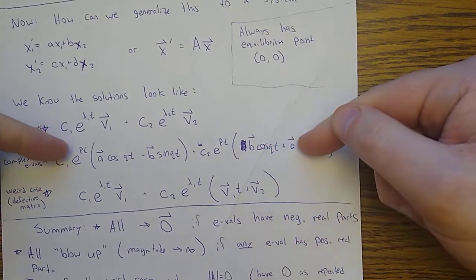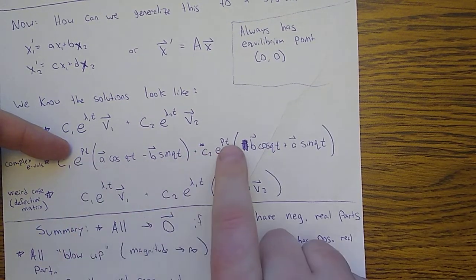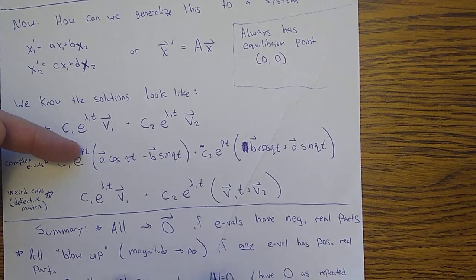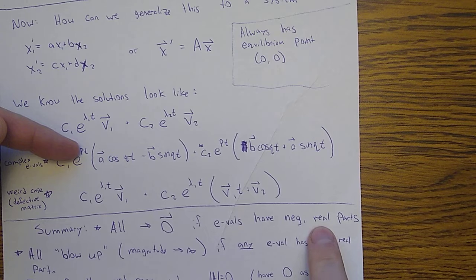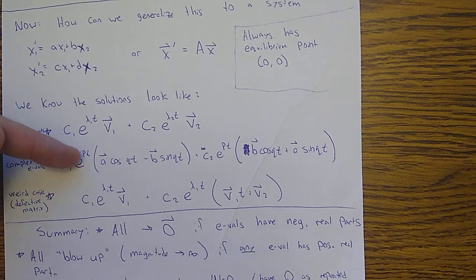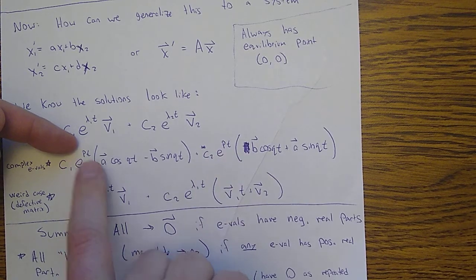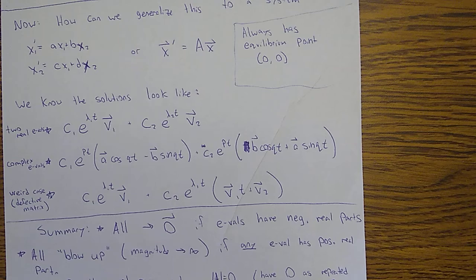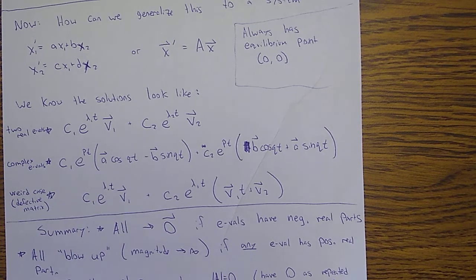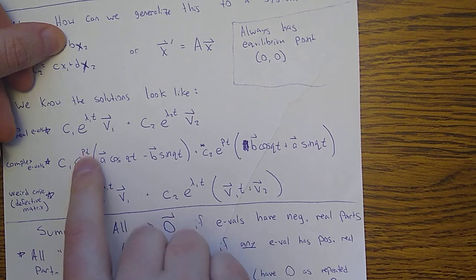This one looks more complicated, but the important part is, again, you have e to the pt here. And this is why we said if the real part of the eigenvalue is negative, p is the real part, because the eigenvalues here in this case are p plus or minus qi. That's what these two numbers p and q are. So if p is negative, then what you have is this exponential decay.